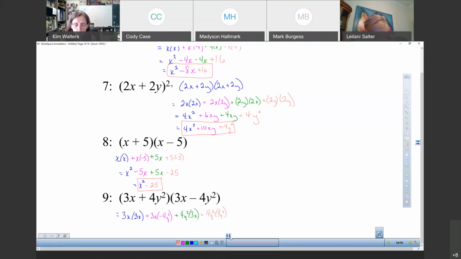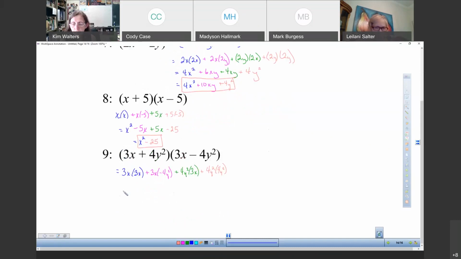And so now when I simplify this and clean this up, I'm going to get 9x squared. I'm going to get minus, because I'm multiplying, 12xy squared. I'm going to get plus 12xy squared. Remember, I can't do anything with those non-like terms other than just multiply them.